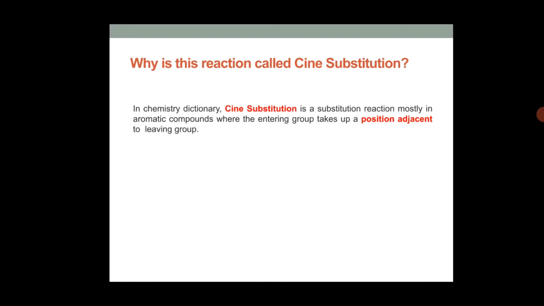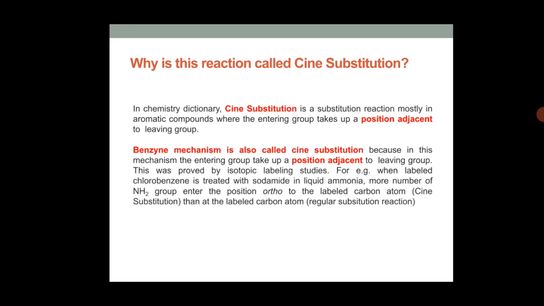But here in Cine substitution, the nucleophile enters the position adjacent to the leaving group. The benzyne intermediate mechanism is also called Cine substitution because in this mechanism the entering group takes up a position adjacent to the leaving group.